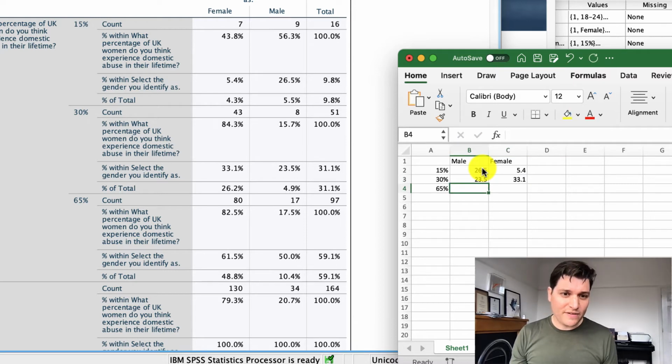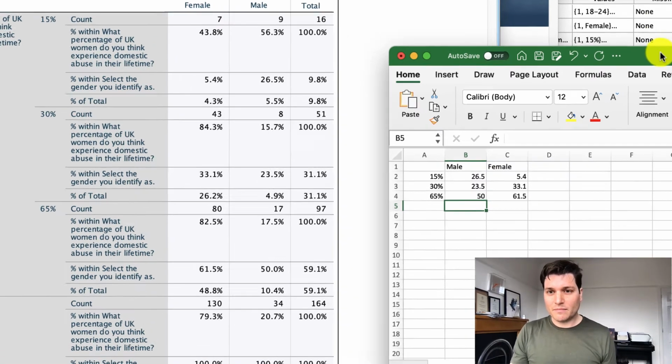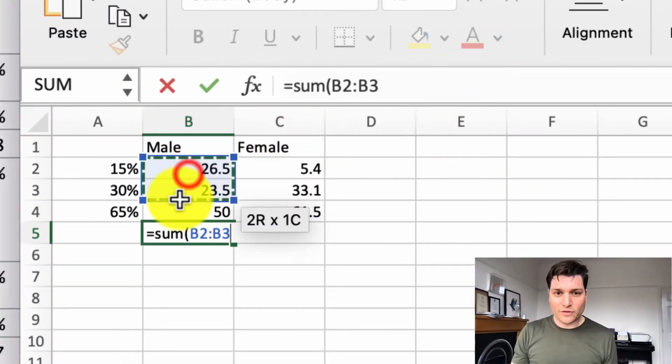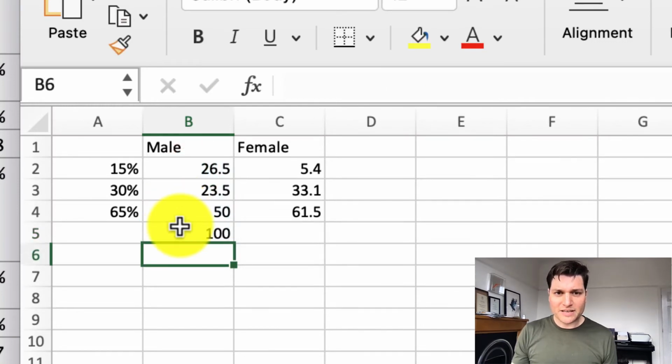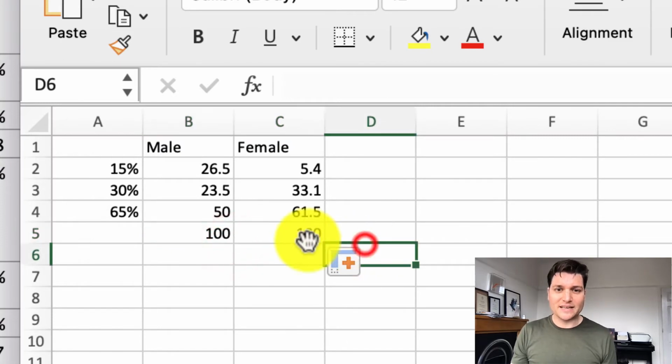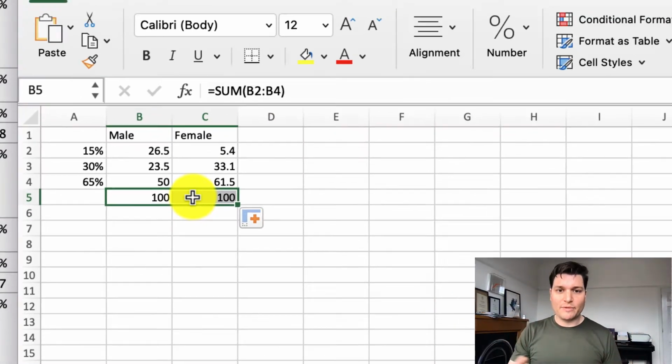And then the male here is 50 and the female is 61.5. Now just for a sanity check, I can do a sum of the column. You'll see it makes 100 and this one also makes 100. So I've done this correctly, we're getting 100%.